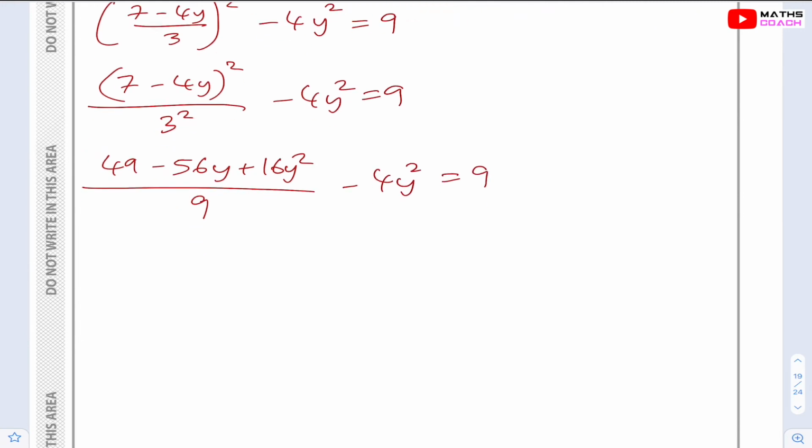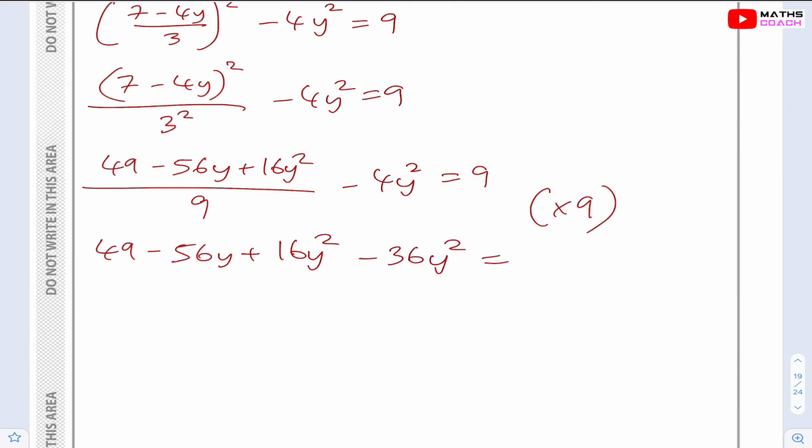Now, to solve this, we will multiply by 9, and that will get rid of the 9 over here, so we get 49 minus 56y plus 16y squared. Now, the 9 also multiplies with the minus 4y squared, giving us minus 36y squared, and of course it multiplies with the 9 on the other side of the equation, so you get 81.